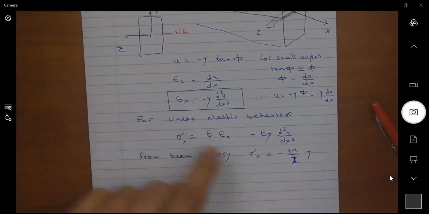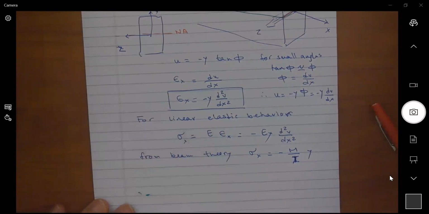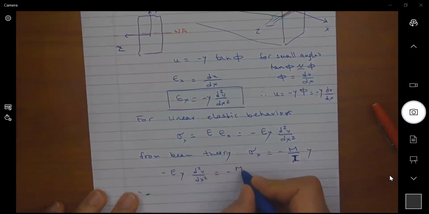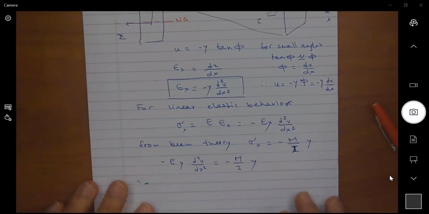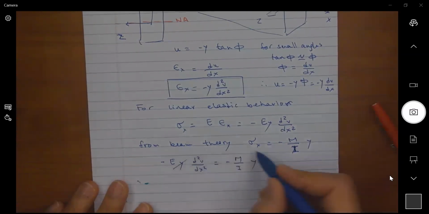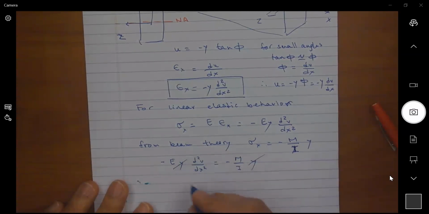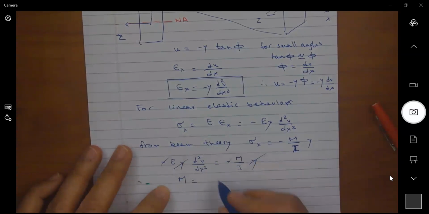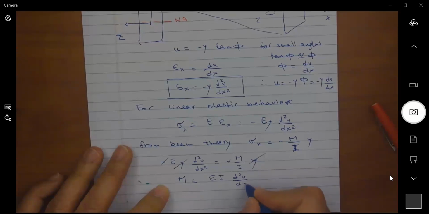If I set these two equal to each other, I can write that minus E times y d2v by dx squared is equal to minus M over I times y. So the y's are going to cancel together. If I solve for M, and of course there are two negative signs here, I get that M is equal to EI times d2v by dx squared.